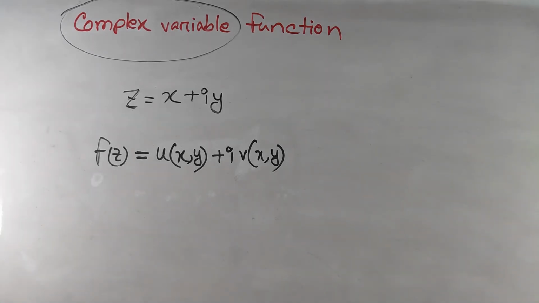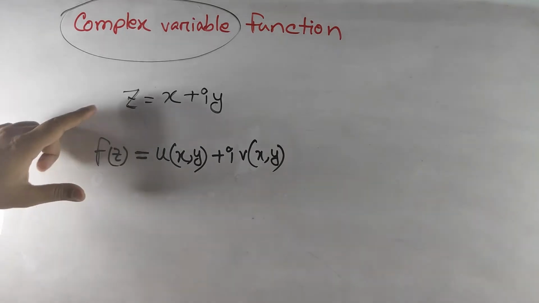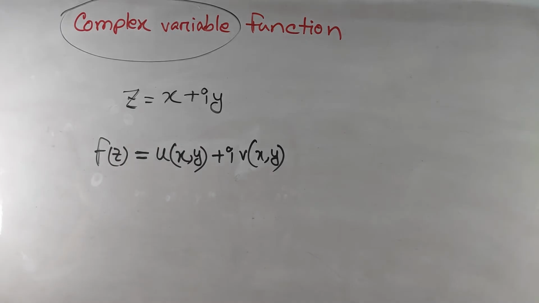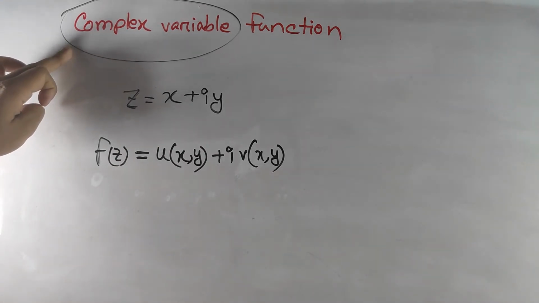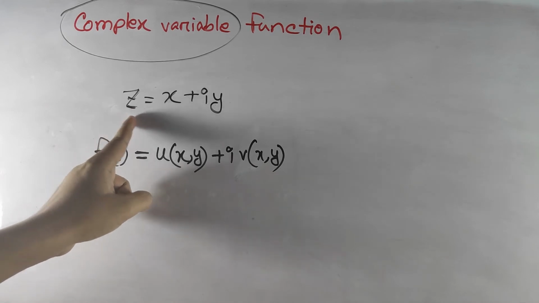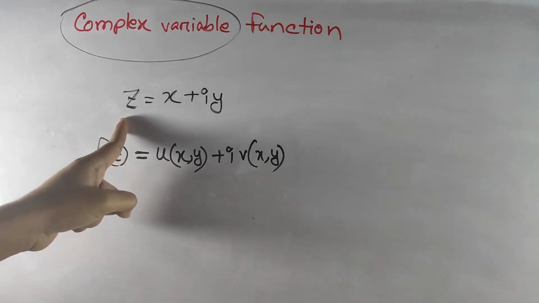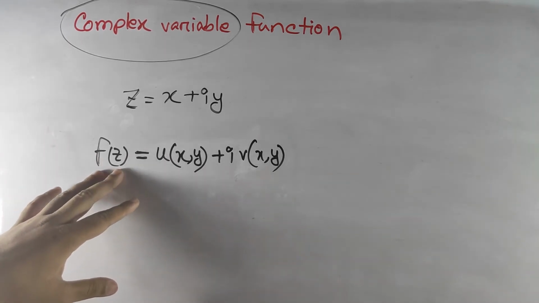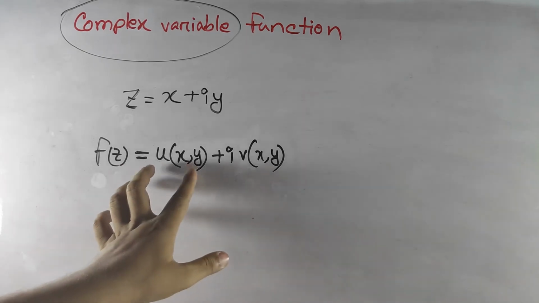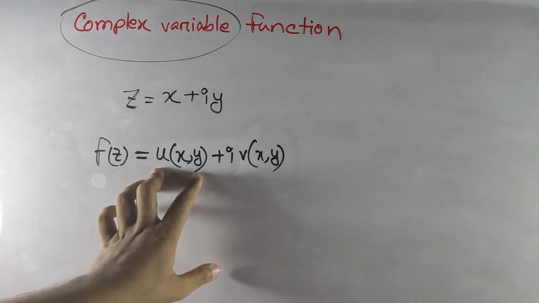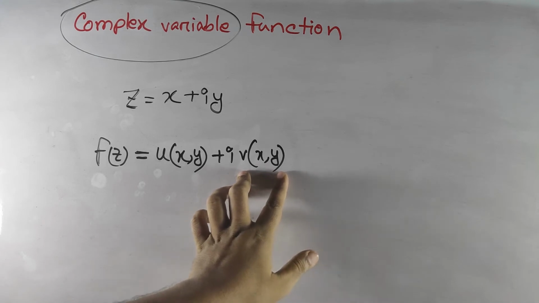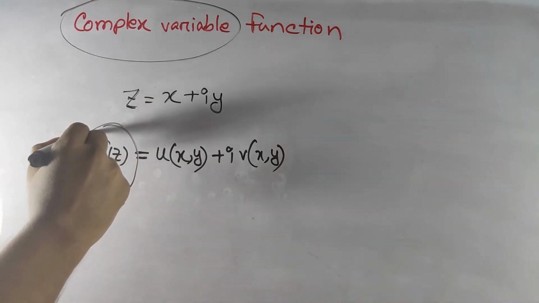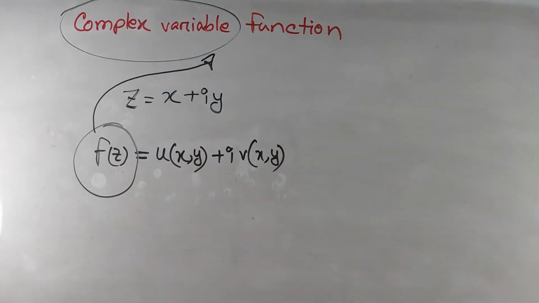I repeat, students, a complex number: if we use a complex number as a variable, then it's called a complex variable. If we use any complex number as a variable in a function, then we will get two functions, where one is a real function and another one is an imaginary function. Then f(z) is called a complex variable function.